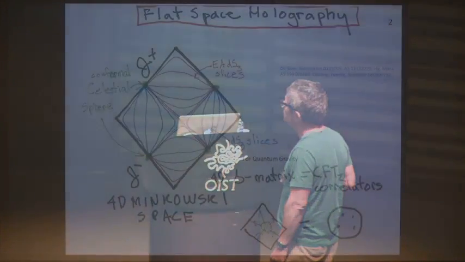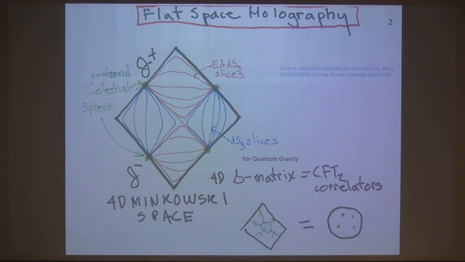So it is true that you can take, for quantum gravity, the S matrix of 4D Minkowski space and rewrite it as a correlation function of some kind of exotic CFT2. So this CFT2, as we'll see, has imaginary weights.